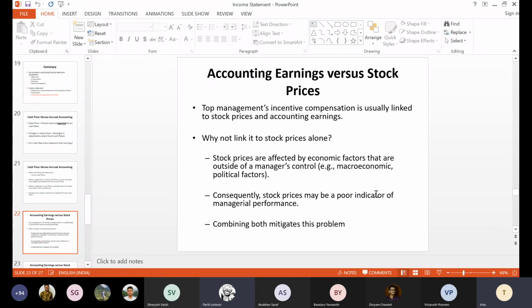But what is the purpose behind giving the ESOP? That is, as a management, if you can grow your company, then automatically the price of the company will go up. So your valuation of the stock will go up.